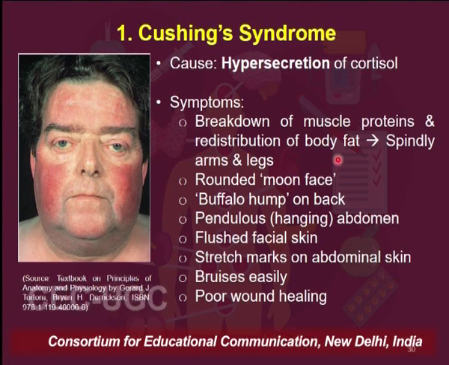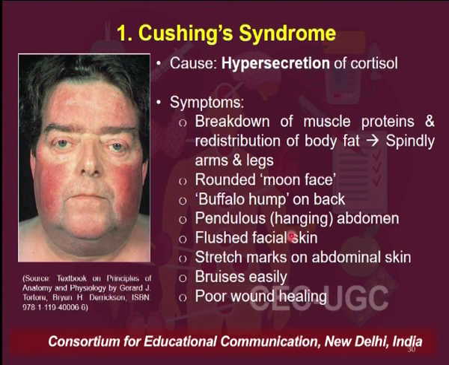There will be redistribution of body fat, because of which the arms and legs will become spindly. The fat gets deposited on the back region, because of which there will be a buffalo hump. The face, you can see this person, will become like a moon, rounded.